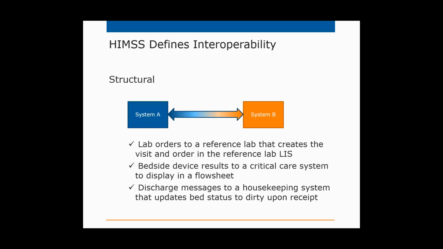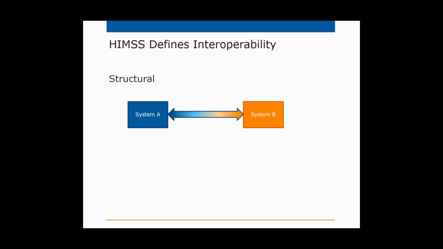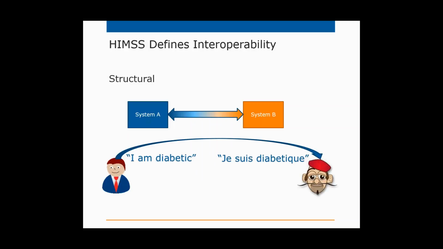Discharge messages to that housekeeping system, now they actually update the bed status to dirty upon receipt. So the patient has been discharged and they know that that bed needs to be cleaned. So we've done a little bit more with that data at this point. So now, if we consider our friends Dan and Pierre here, now it's understood by both. Everybody understands what is being said from one to the other, okay?